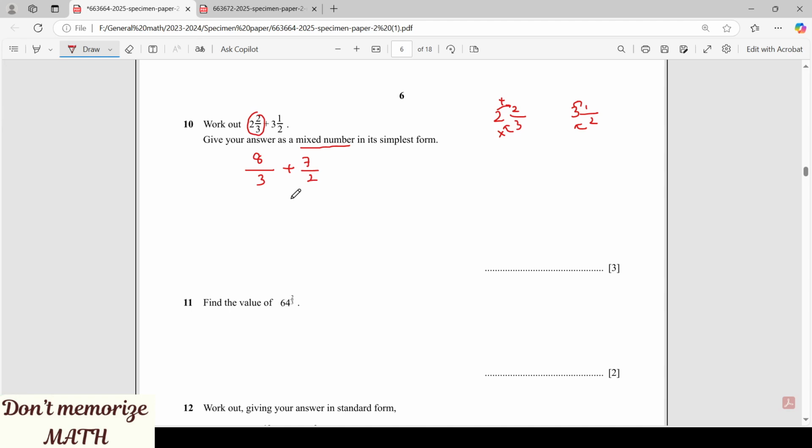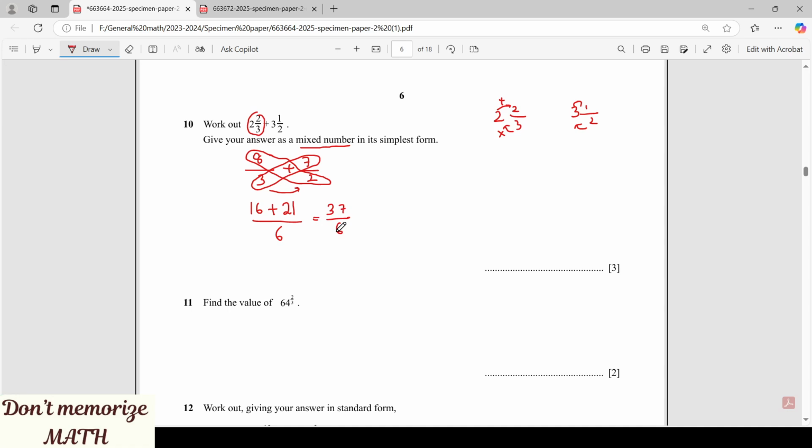Otherwise I am using the butterfly method, also called the cross multiplication method. 8 times 2 is 16, 3 times 7 is 21, and 3 times 2 is 6. So 16 plus 21 gives 37 over 6.